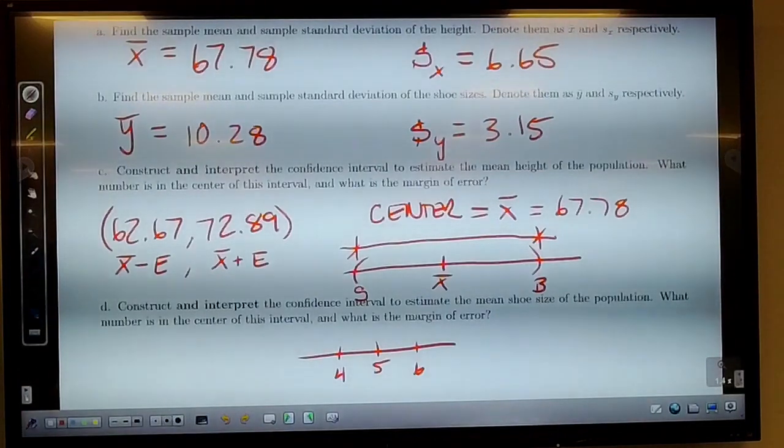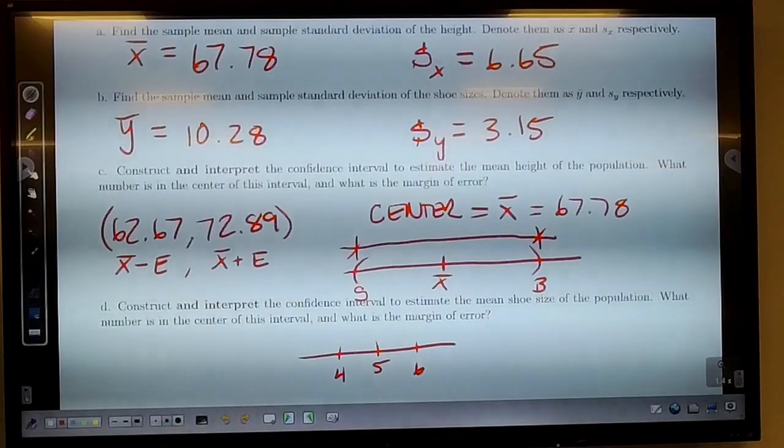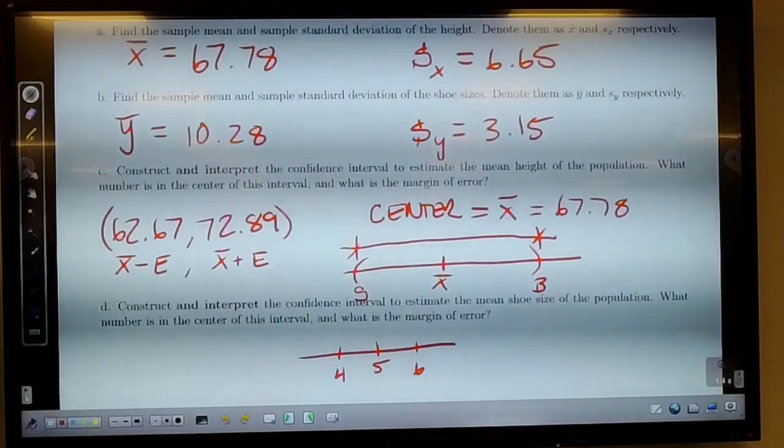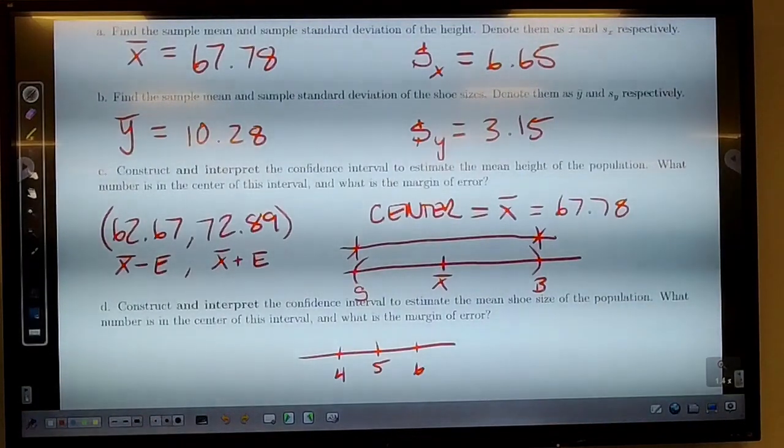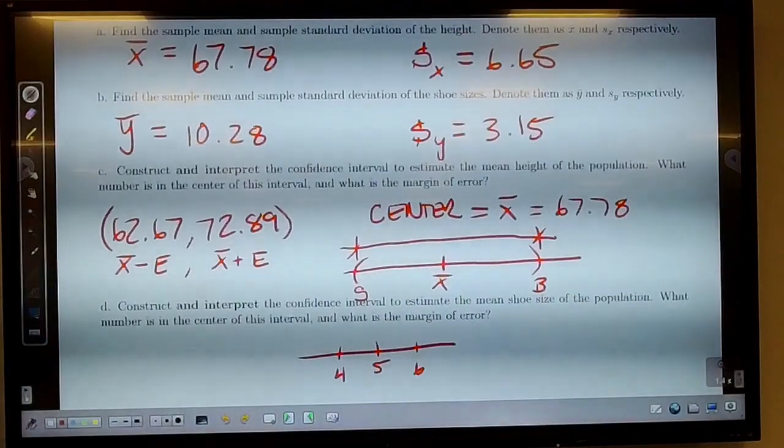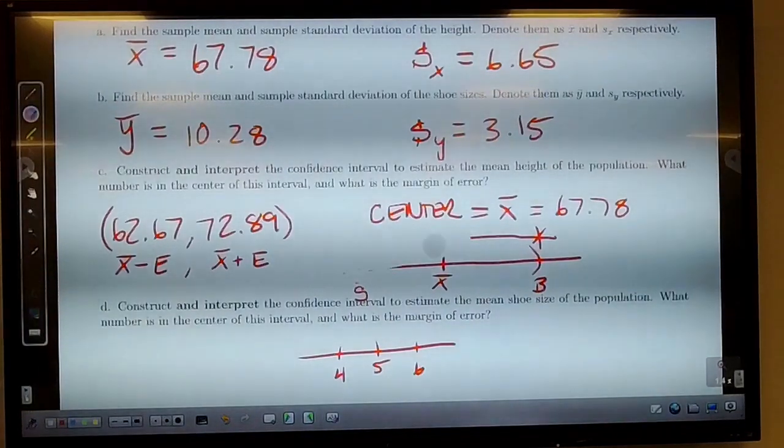So 72.89 minus 62.67 is twice my error. So when I divide by 2, I get 5.11.